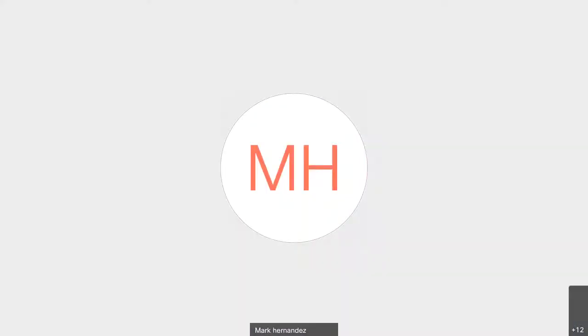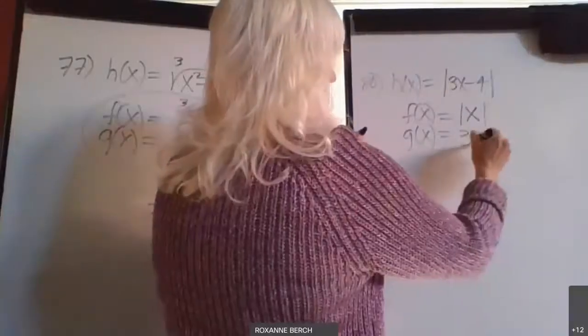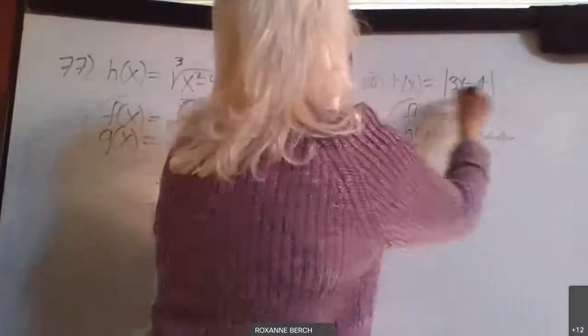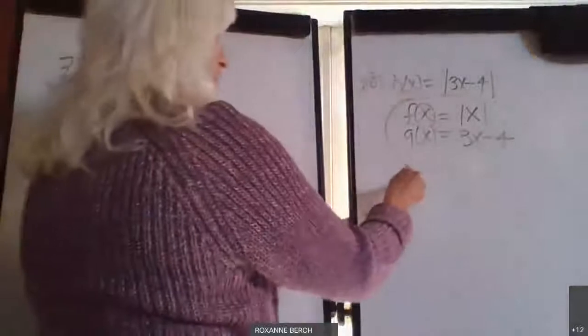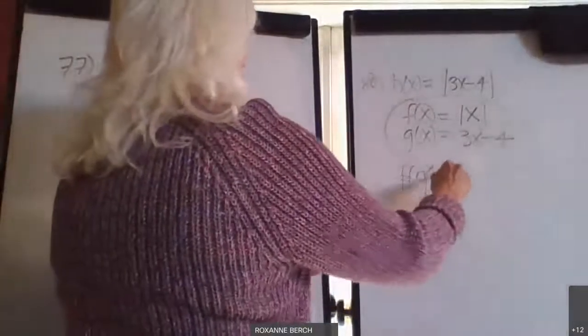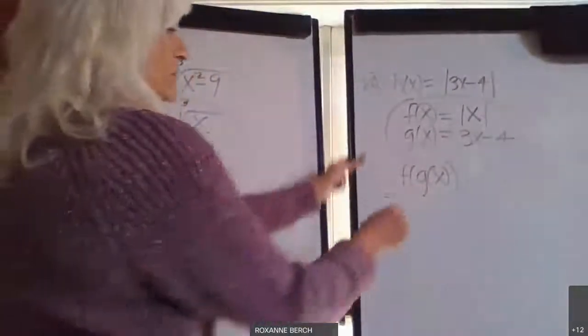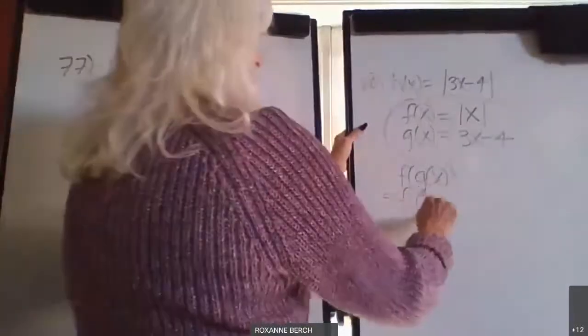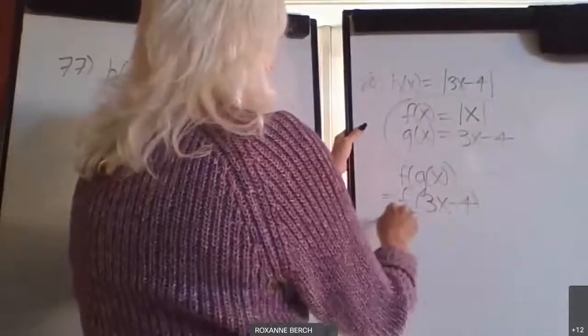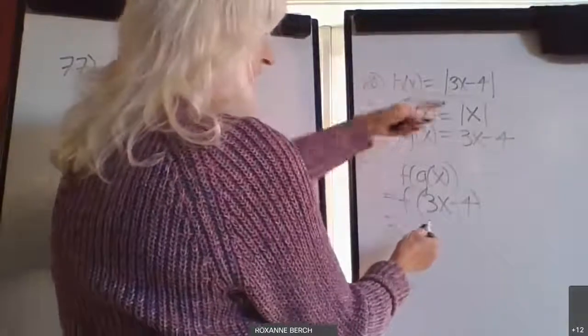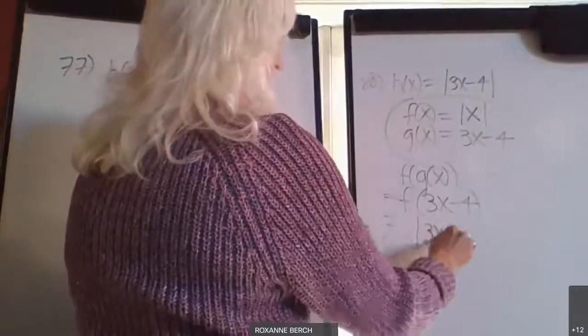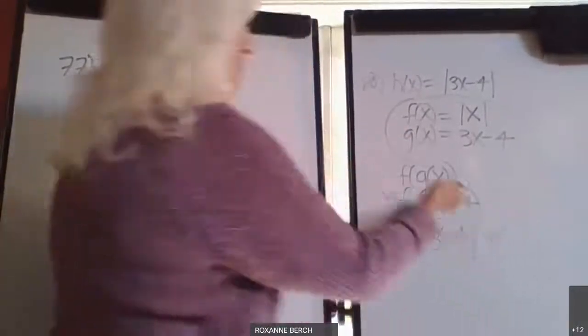And what's inside is 3x minus 4. And that is what makes the composition. I'm just going to show you f of g of x. So x is 3x minus 4. And when you put that into the f function, it's the absolute value, which is h of x.